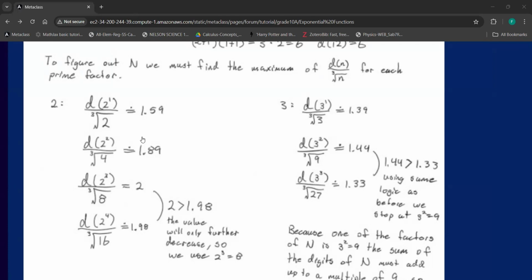So let's just say 7. d of 7 to the power of 1 divided by the cube root of 7, so that is 2 divided by the cube root of 7, and that is approximately 1.045. This is still greater than 1.